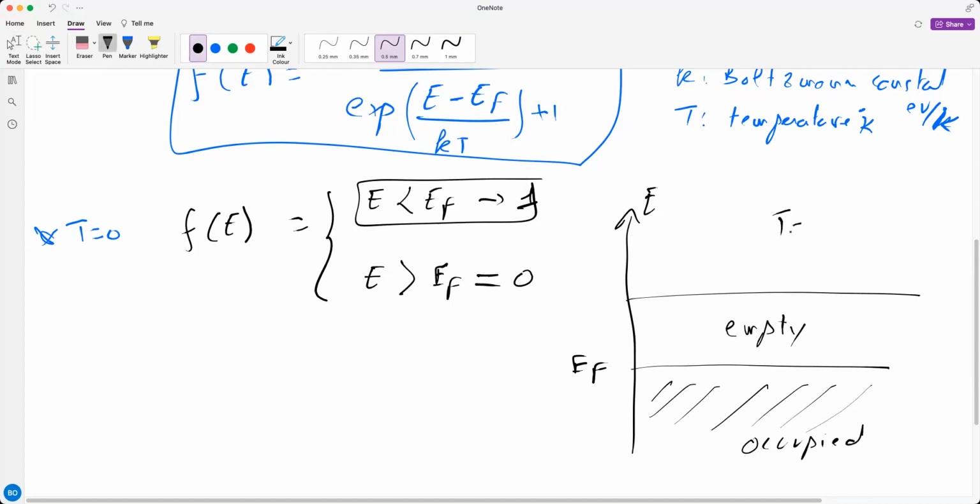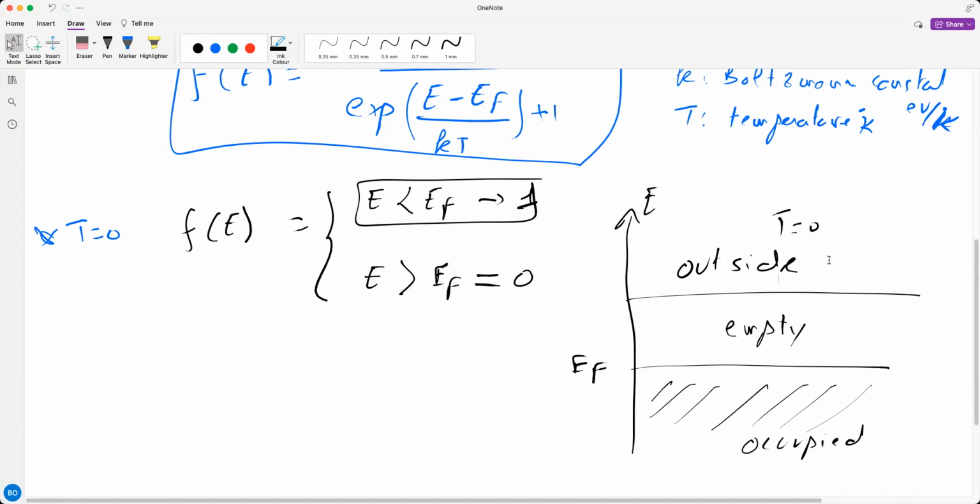This is at T equals 0, and of course this is the outside of the metal. Above this energy, the probability of occupation is 0, so there are no electrons.